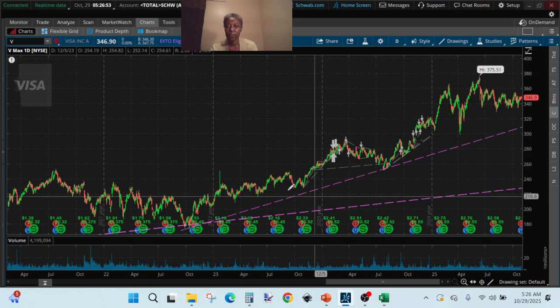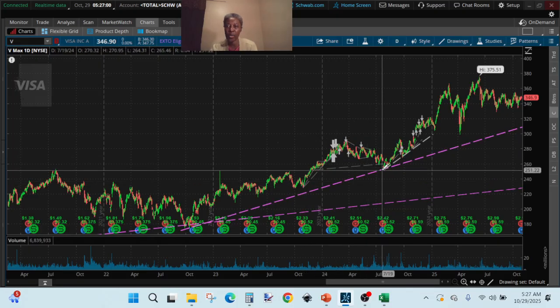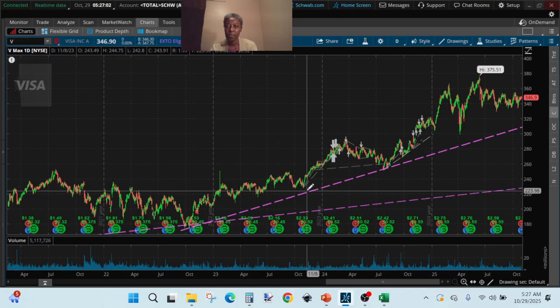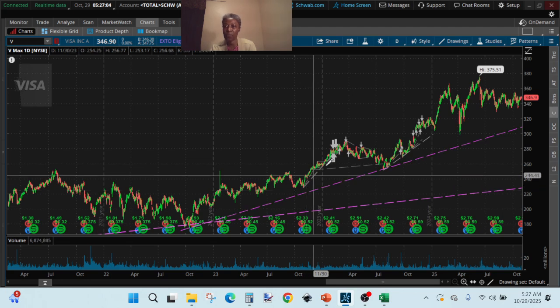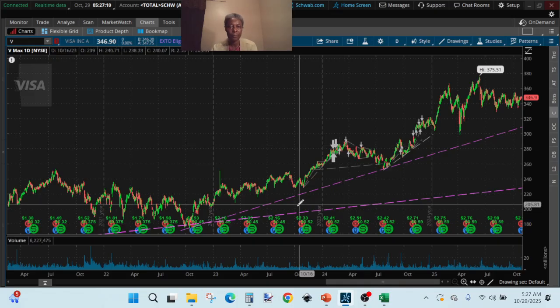For instance, along this support line, if this is the value line, it's not going too high away from it. For instance, this is like 224, the peak here is 282. You can see the difference right there.